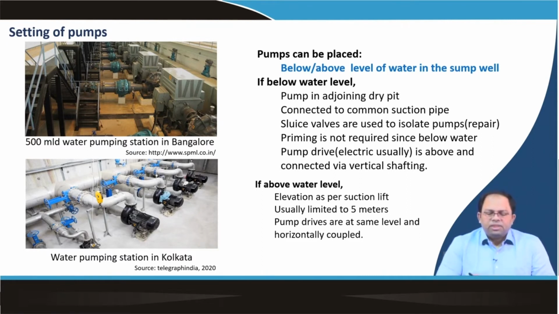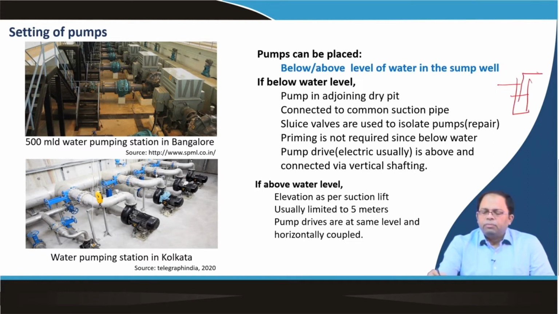But first of all, we need to understand how these pumps are set up, means how they are connected with the supply lines or the exit lines, and at what level they are set up. So pumps can be placed both below and above the level of water in the sump well. We have already known that any kind of water first comes to a sump well and the water gets stored.